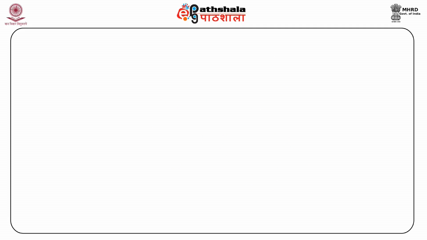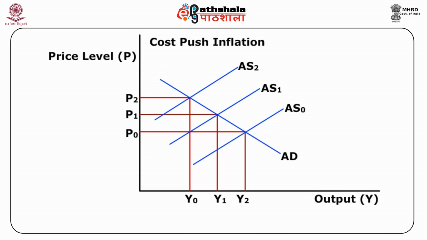Now we look at cost push inflation. This type of inflation arises due to shift in aggregate supply curve, AS curve. Suppose price of important raw materials such as oil or steel increases in the economy.